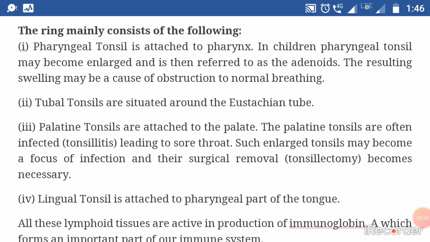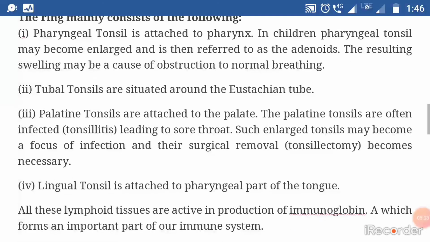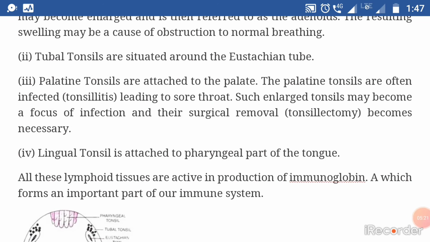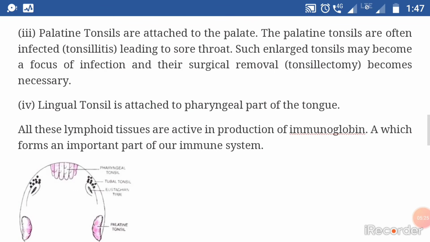Sometimes the infection is severe, and the only treatment is surgical removal. The lingual tonsil is attached to the pharyngeal part of the tongue. All these lymphoid tissues are active in the production of immunoglobulin, forming an important part of the immune system.